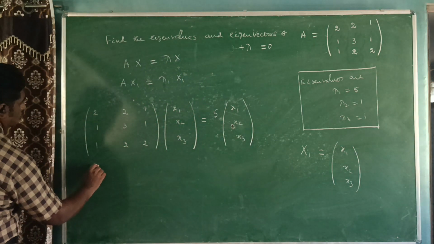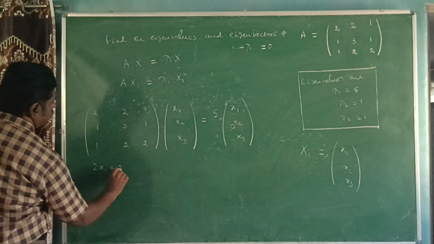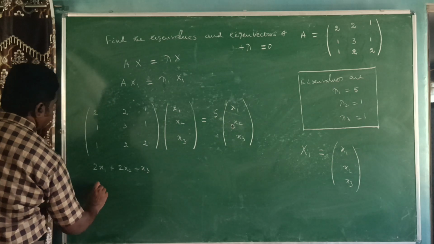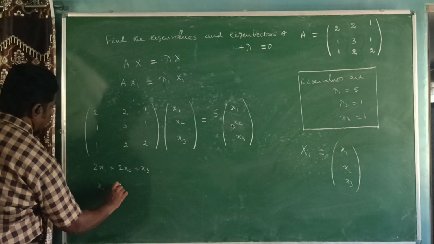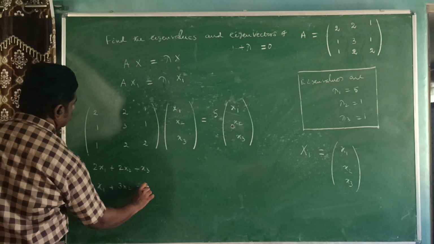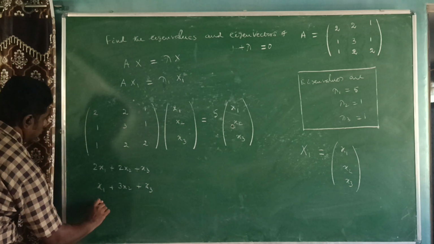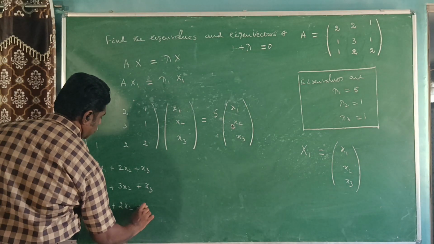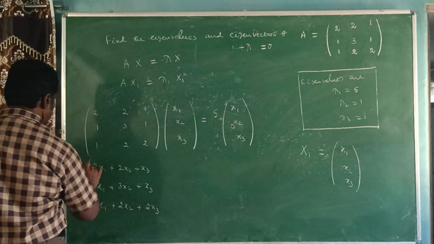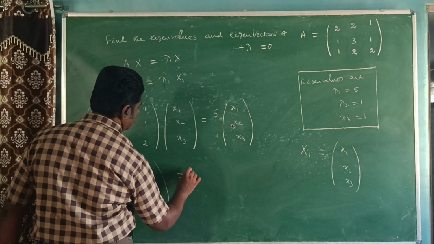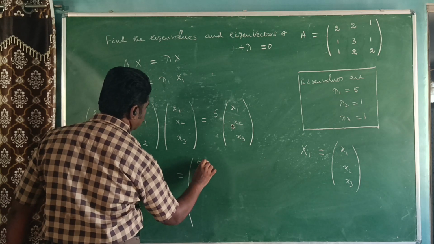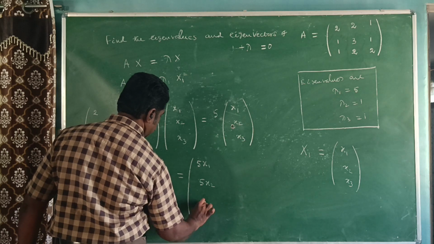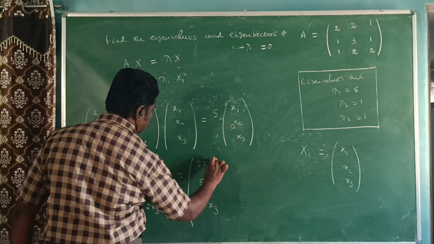This gives 2x1 plus 2x2 plus x3, then x1 plus 3x2 plus x3, then x1 plus 2x2 plus 2x3, which is equal to 5x1, 5x2, 5x3.